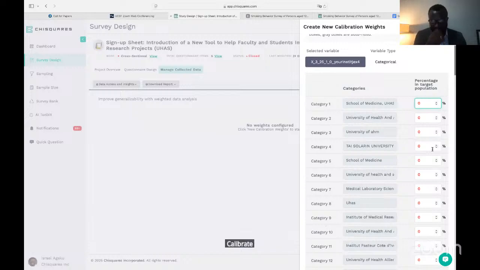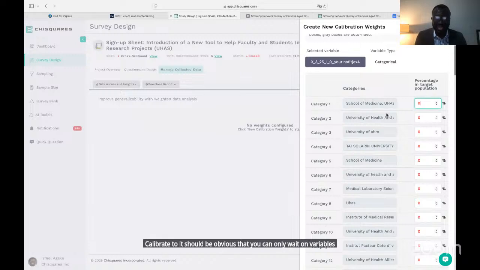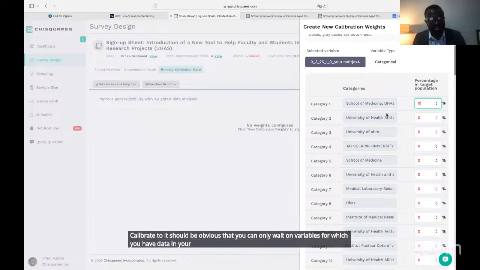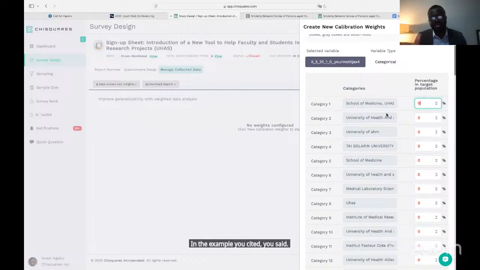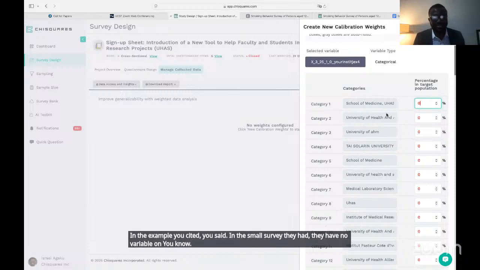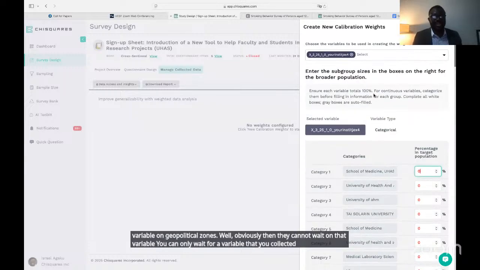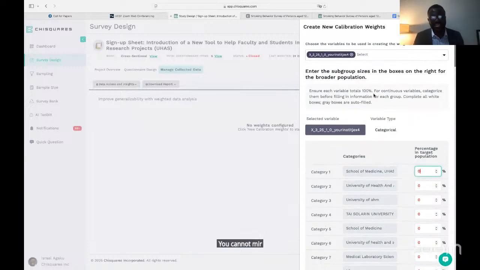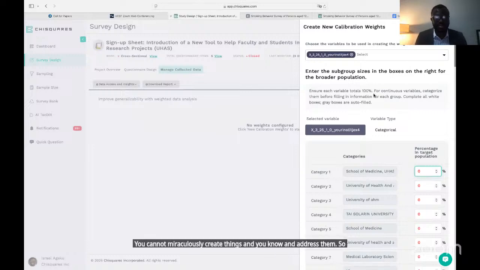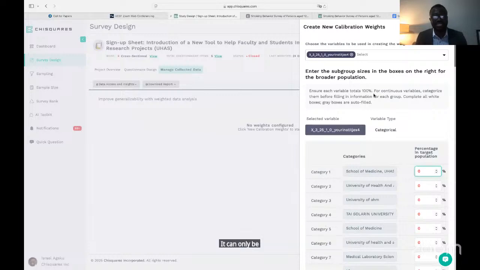It should be obvious then that you can only weight on variables for which you have data in your data set and in the population. In the example you cited, in the small survey they have no variable on geopolitical zones. Well, obviously then they cannot weight on that variable. You can only weight for a variable that you collected in the data set. You cannot miraculously create things and address them. So that's point number one: it can only be done for variables that exist in your data set.